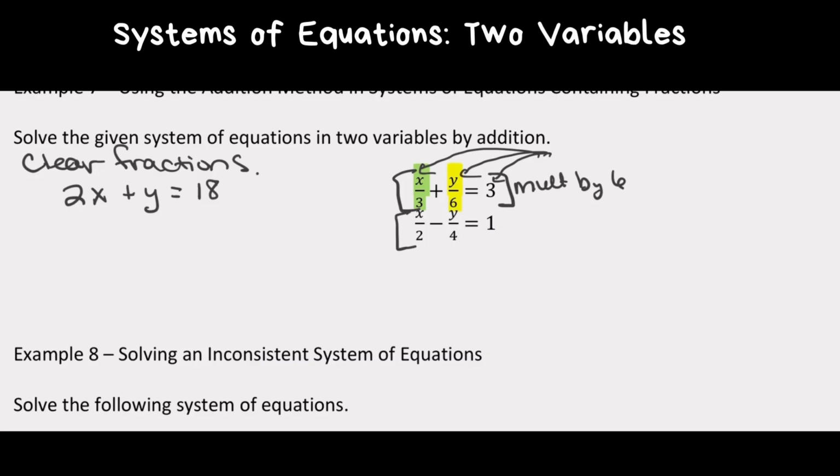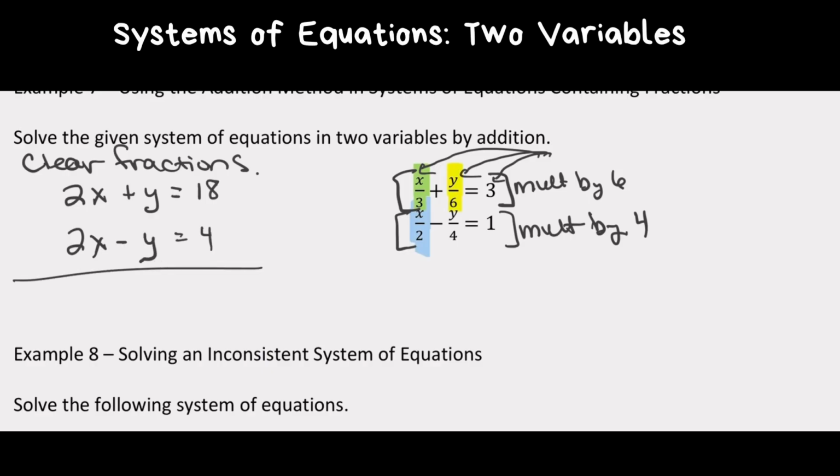For this one, to clear the fraction, I'm going to multiply by 4. When I distribute it, this one will become 4x over 2. The next one will become 4y over 4. And on the other side of the equal sign, we'll get a 4.